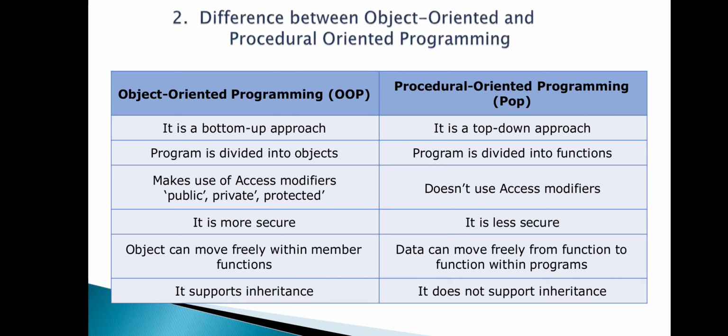In procedural oriented programming we don't use access modifiers, whereas in object oriented programming we make use of access modifiers such as public, private, and protected. By using object oriented programming, we can make our application very secure compared to the procedural oriented programming approach.